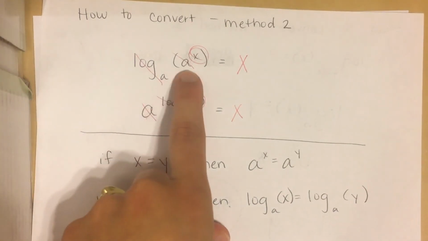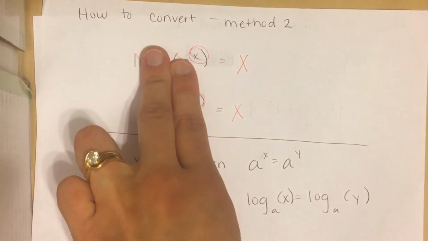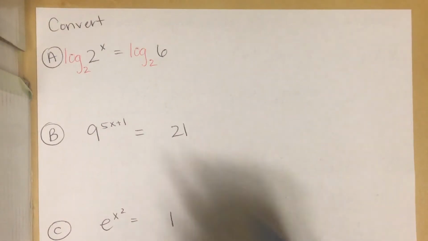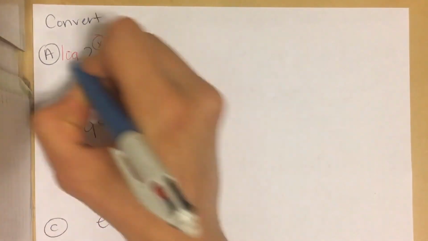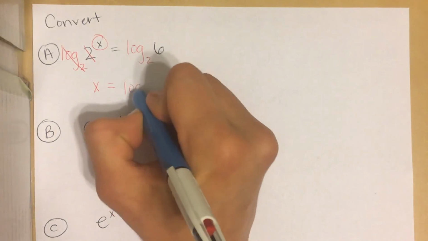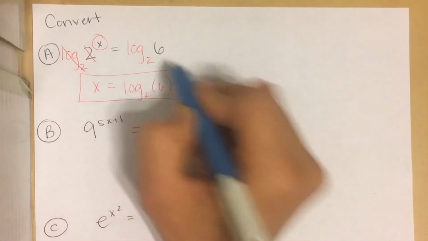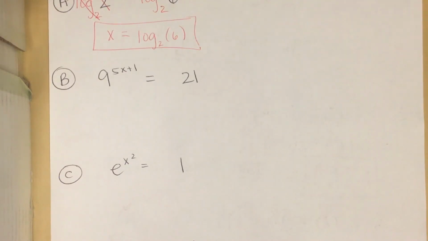Because if I have a mixture of logs and exponents and the bases are the same, I can cancel those out and I'm just left with this x right here. On the right side, nothing cancels out, so I'm going to leave it as log base 2 of 6. Done.